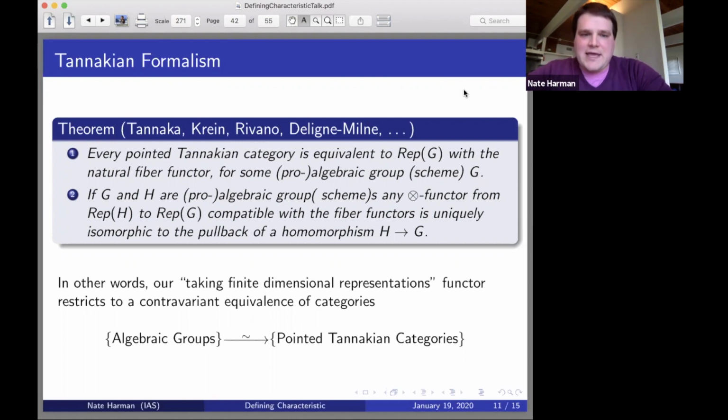So picking a fiber functor is analogous to picking a point on your manifold, and then your problems go away. Your non-pointed Tannakian category is like representations of the fundamental groupoid, in which you can't really tell the difference between things up to conjugacy, whereas in the pointed version you've nailed down the conjugacy issues.